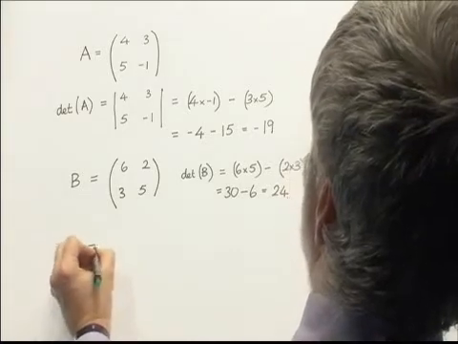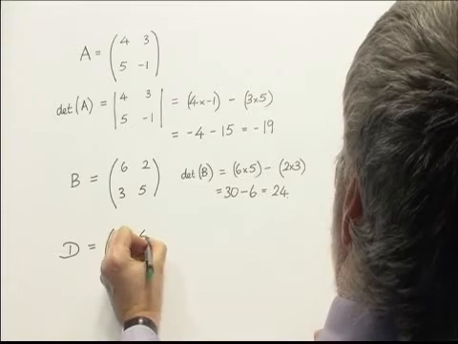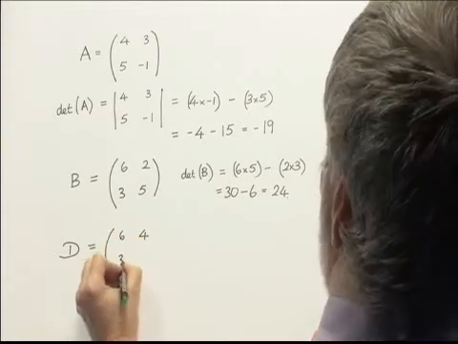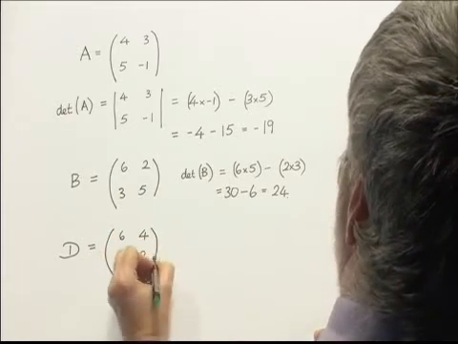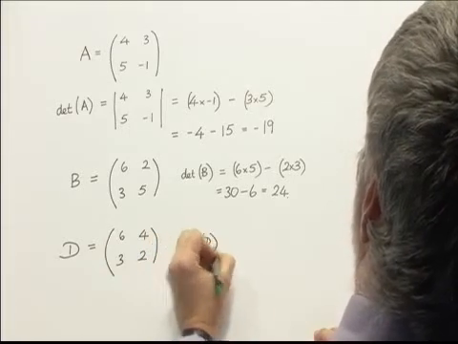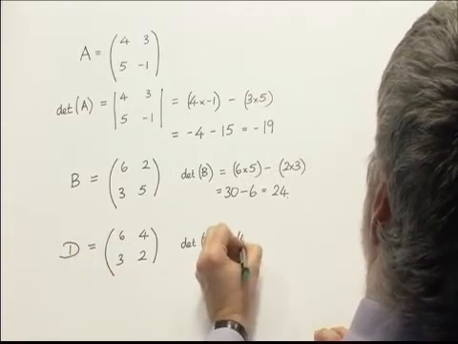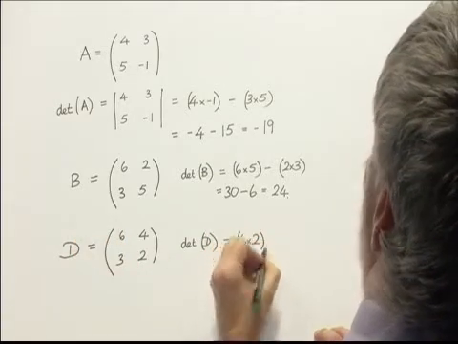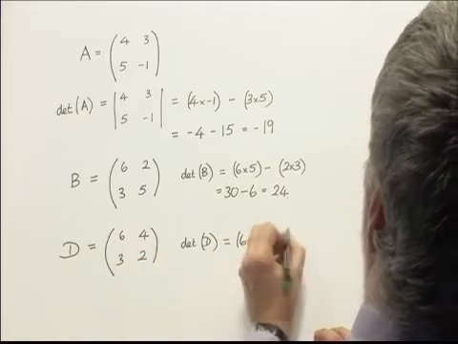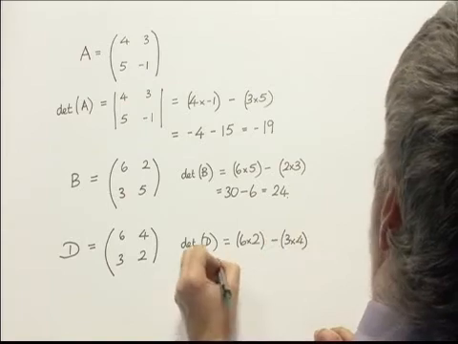So we've got the matrix D, which has entries 6, 4, 3 and 2. Now when we work out the determinant of D, we do the product of the numbers on the leading diagonal, which is 6 times 2, and then we take away the product of the other 2 numbers, which is 3 times 4.